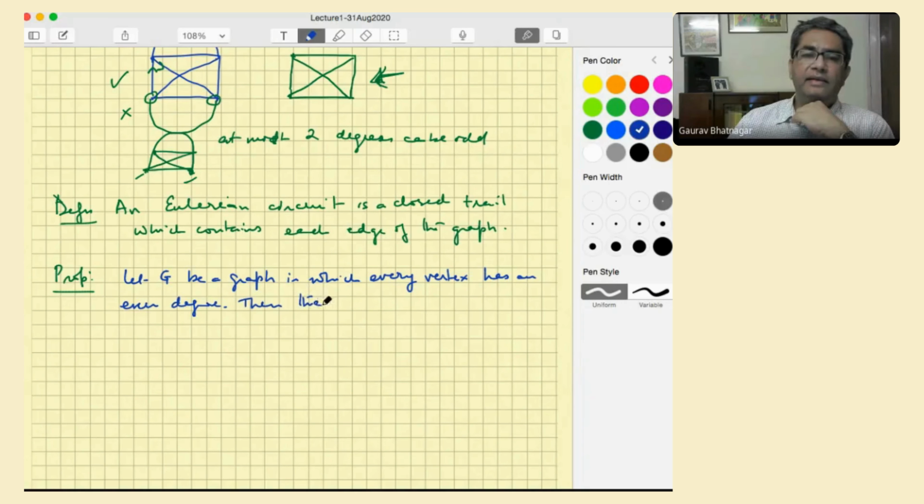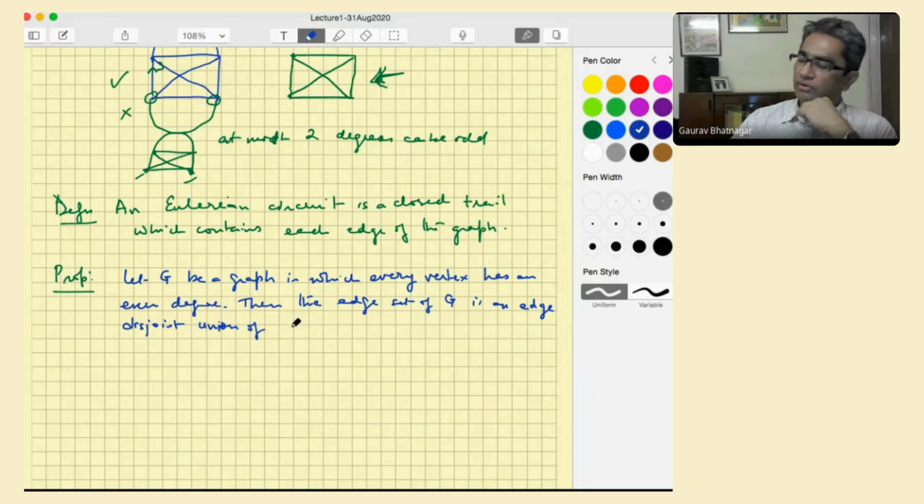Then the edge set of G is an edge disjoint union of cycles.